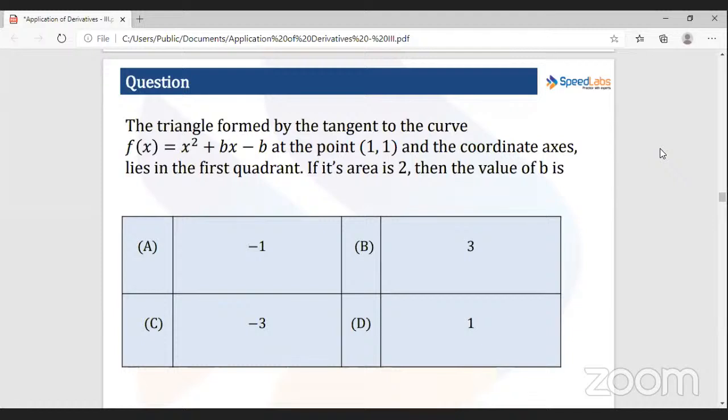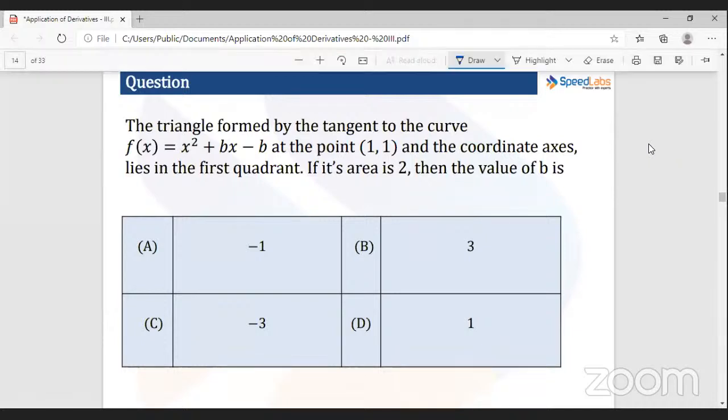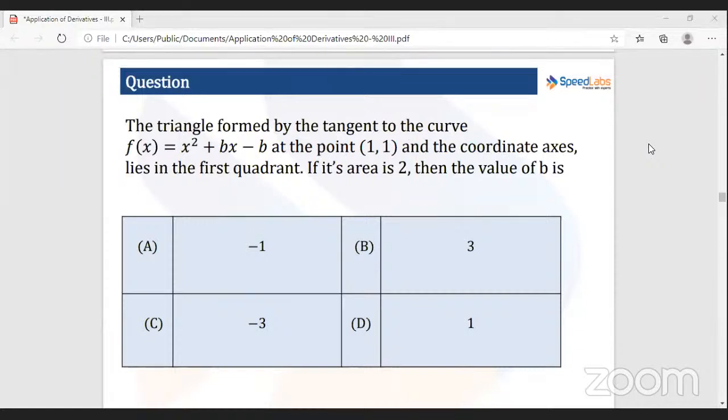Tell me the answer, guys. Okay, so should we discuss the solution? Okay, 1 minute more.